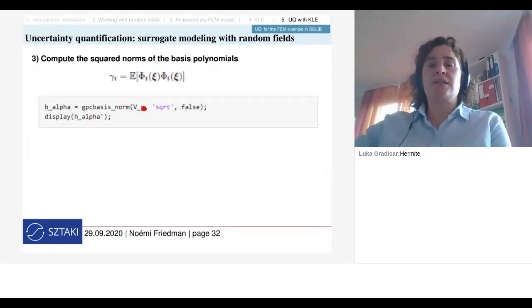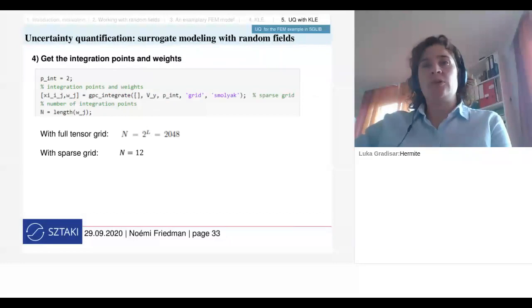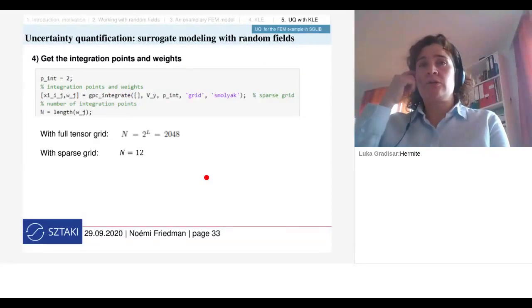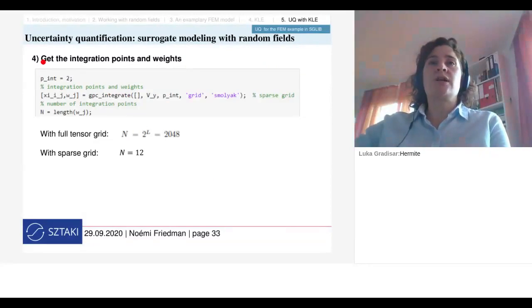Now I have defined this PCE basis, and I can call then the GPC basis norm function to get the norms that I will need. So now I will do orthogonal projection, and in order to do that, I will need an integration rule. I use the sparse grid.